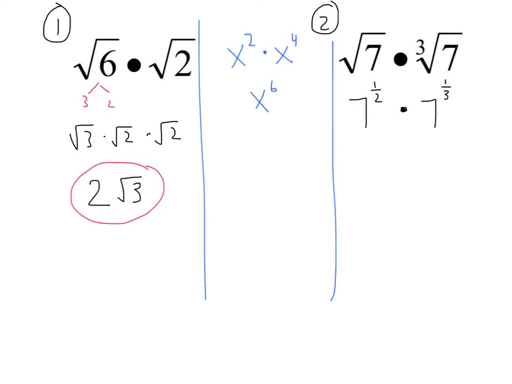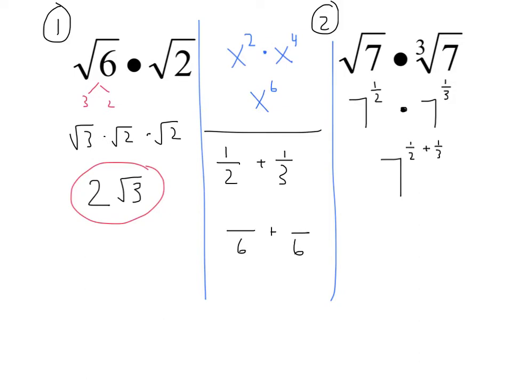So 7 to the 1/2 times 7 to the 1/3 is the same thing as 7 to the 1/2 plus 1/3 power. So our exponents can be added. And to simplify that, let's just add those fractions. Let's do this over to the side. 1/2 plus 1/3. To do this, we need a common denominator, which is going to be 6.